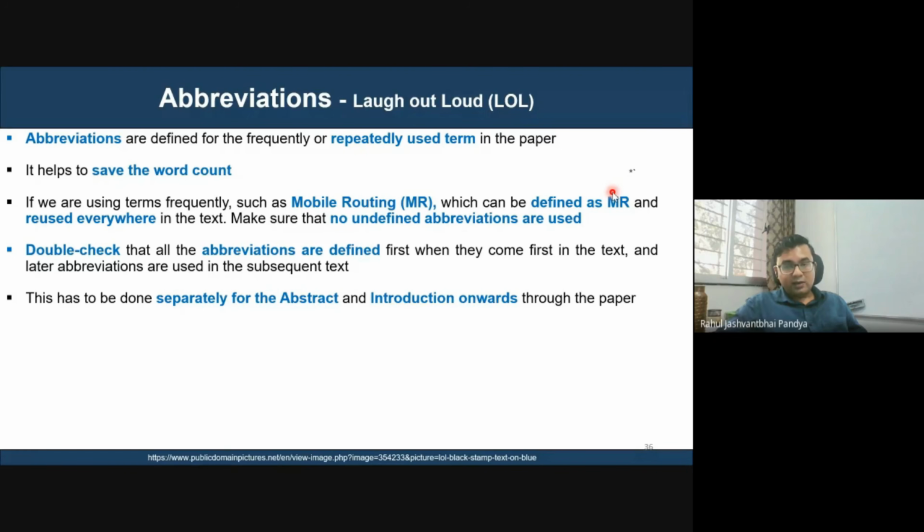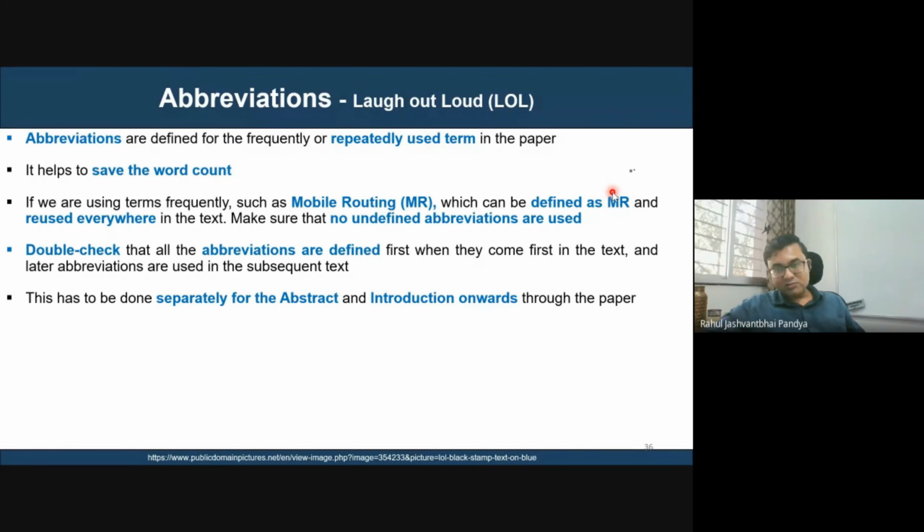Now, again, if the same abbreviated term comes in the introduction, then from the introduction onwards, it must be redefined. And then subsequently, we can use the same abbreviated term. Now, why? One can argue, I have defined it in the abstract.